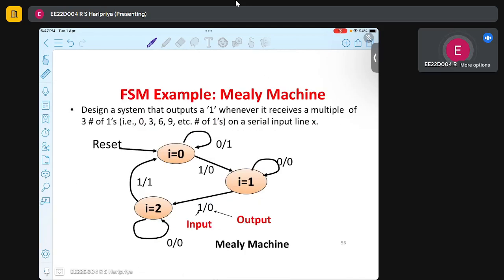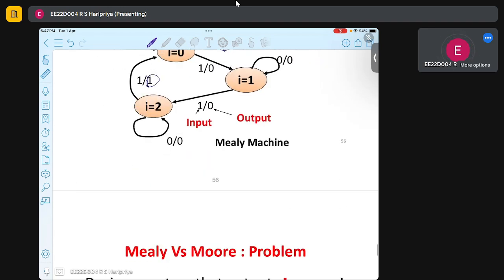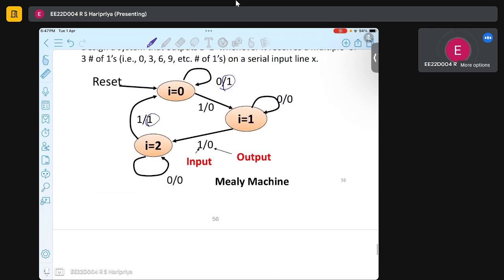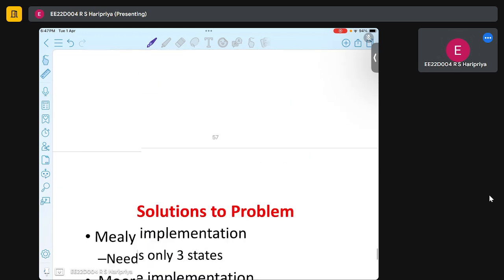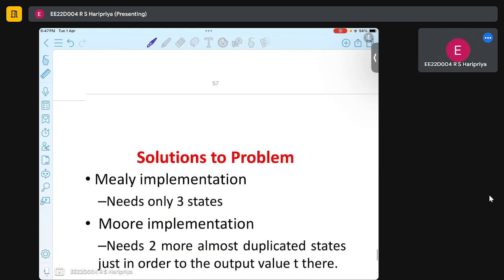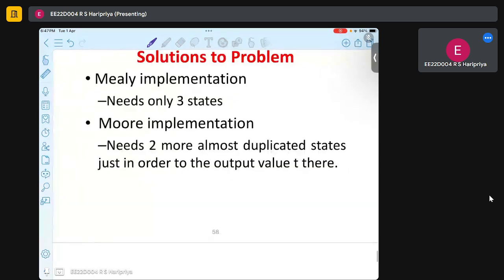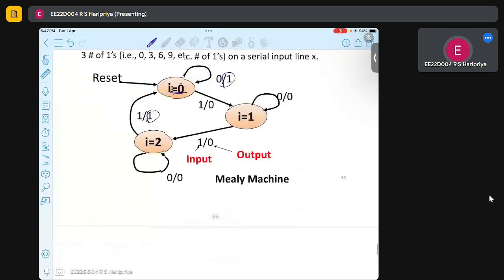But in a Mealy machine, we need to write the output on the transition. So for the 0 transition and for the 3-1 transition, the output is 1, not depending on the state. That's why we didn't write it inside the state, but we are writing it on the transition. So here we see only 3 states are needed.